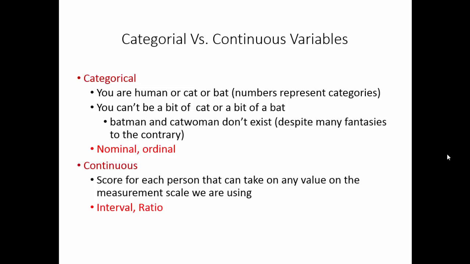And then there are two types of continuous variables that, for our purposes in psychology, you really don't need to distinguish between: interval and ratio. Just know that they're considered continuous. Here, the numbers that are used don't represent categories, they represent an amount of something, a value of something. So a reaction time.